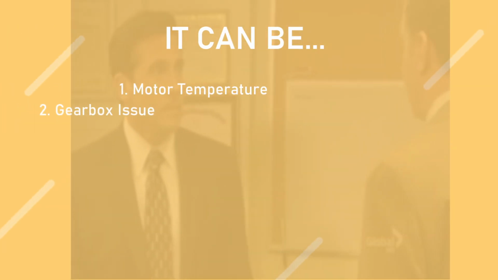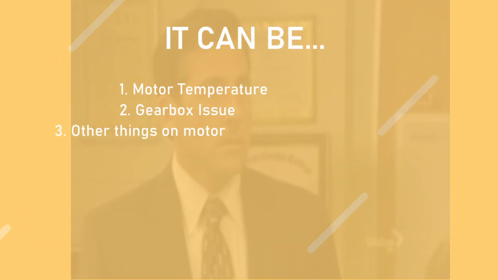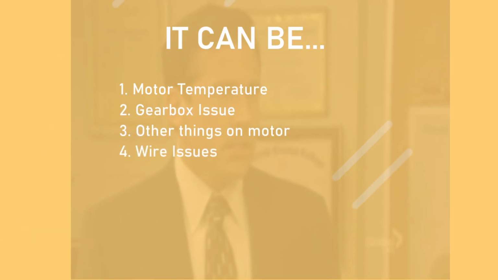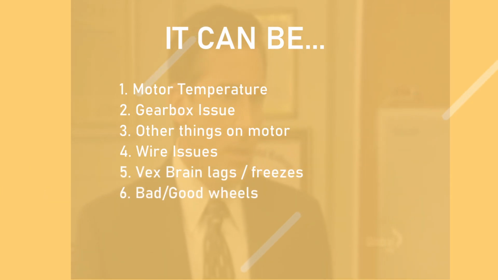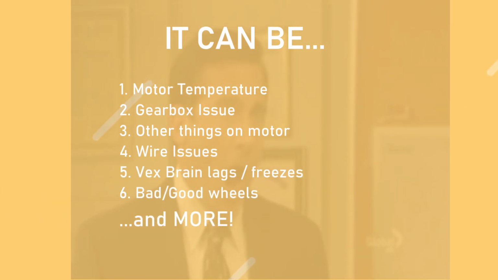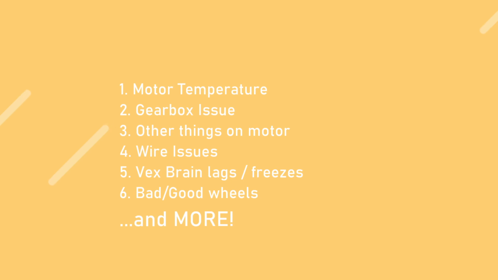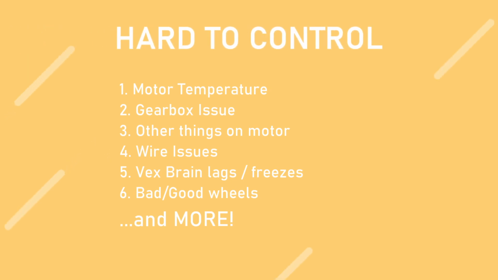Well, there are a lot of reasons, actually. Whether it can be the different temperature of the motor generating different torques, the smoothness of the gearbox, other condition of the motor, wires causing losses of some electricity, VEX brain lags, different condition of the wheels, and more. Many of these issues are very hard to control with yourself.